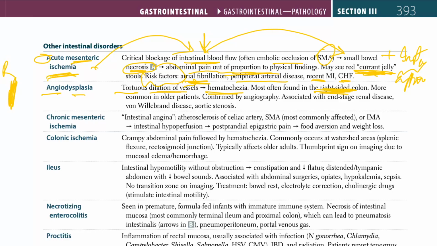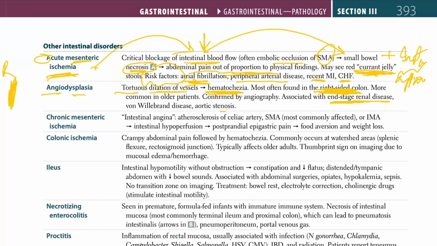More common in older patients, confirmed by angiography, associated with end-stage renal disease, von Willebrand disease, and aortic stenosis. So the thing here is hematochezia coming from the right side.